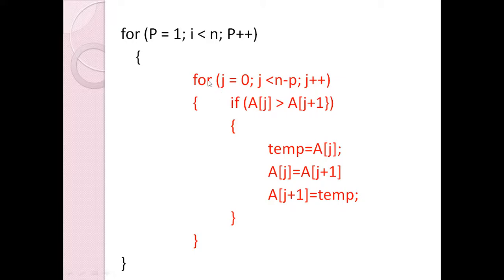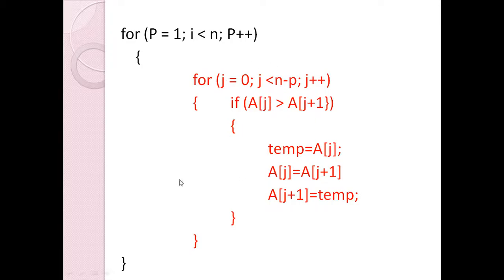So for this loop, what I do is check if A[j] is greater than A[j+1]. If A[j] is greater, then we swap. So the greater number will be on the right side. So temporary equals A[j], A[j] equals A[j+1] and A[j+1] equals temporary. This is the standard swapping process. So swapping is done if A[j] is greater than A[j+1] for j equals 0 to j less than n minus p.